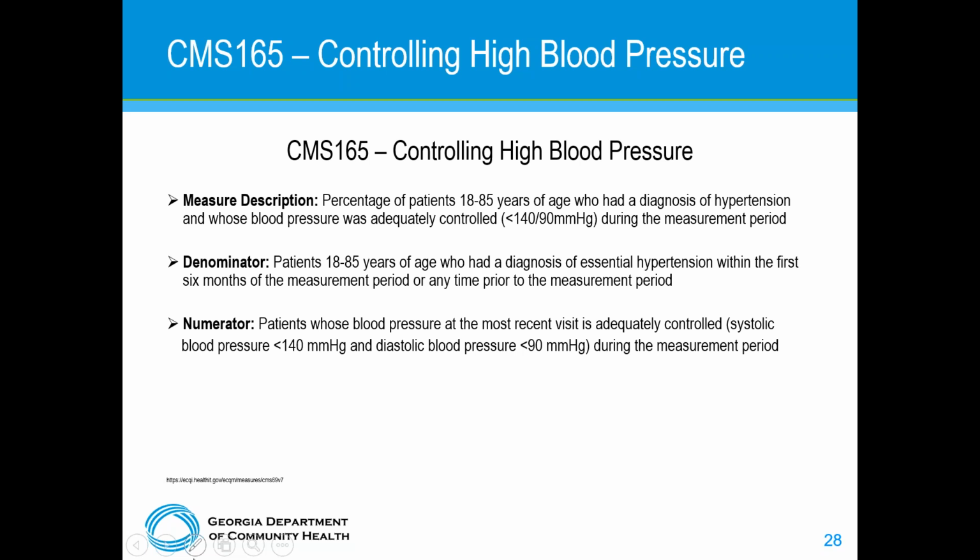For our denominator, it's the patients 18 to 85 years of age who had a diagnosis of essential hypertension within the first 6 months of the measurement period or any time prior to the measurement period. The numerator is those patients whose blood pressure at the most recent visit is adequately controlled. The systolic pressure is less than 140, and the diastolic blood pressure is less than 90 during the measurement period. Next slide.